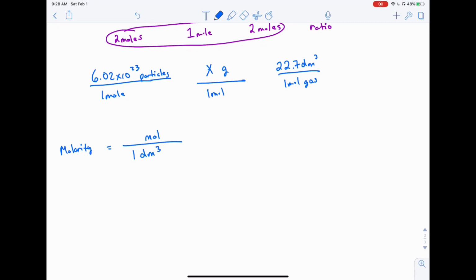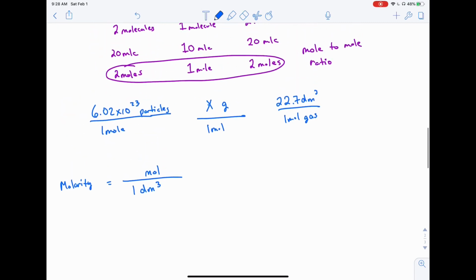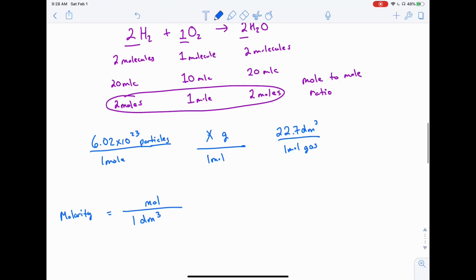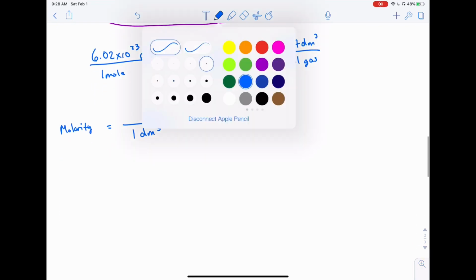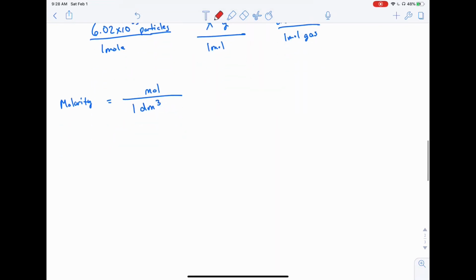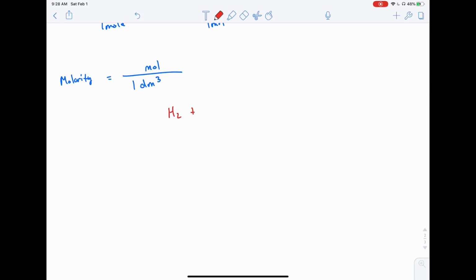So let's do a basic calculation to show you how you would apply this concept in 4 different ways. I'll rewrite H2 plus O2 like this.